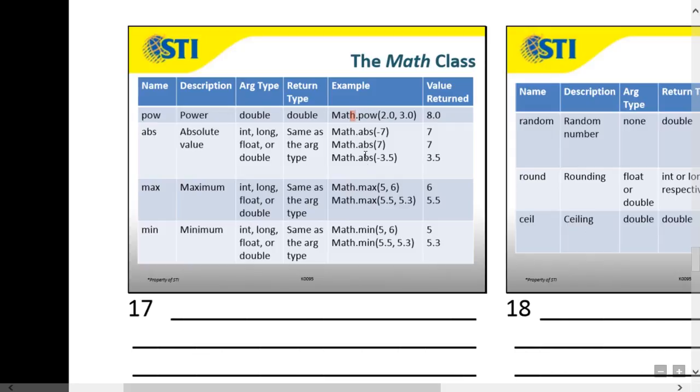So we always call it as Math dot pow, which is the name, and then this is its syntax, wherein 2 is the base and 3 is the power. So 2 raised to 3 will give you 8.